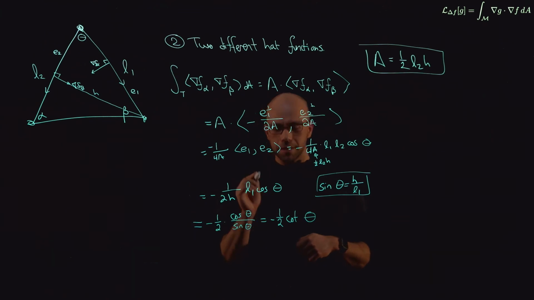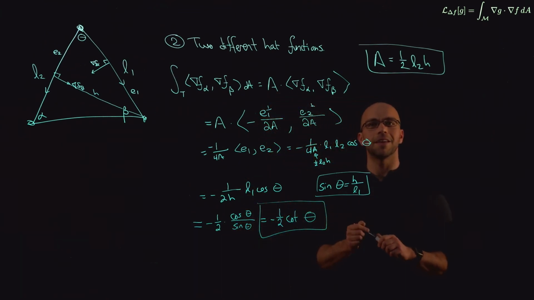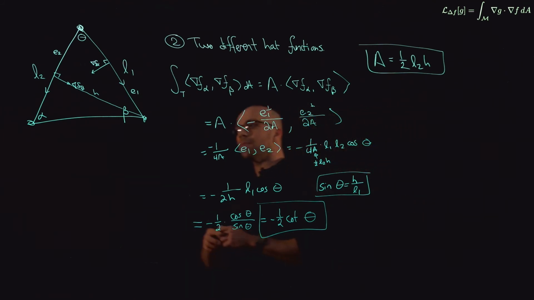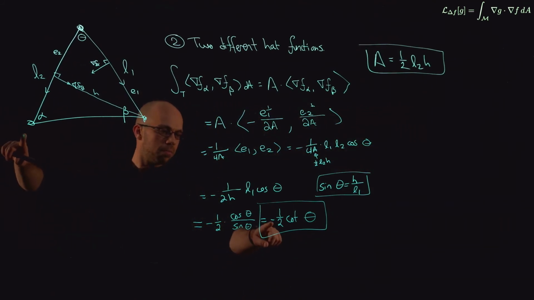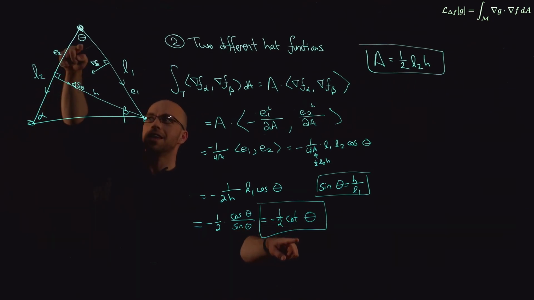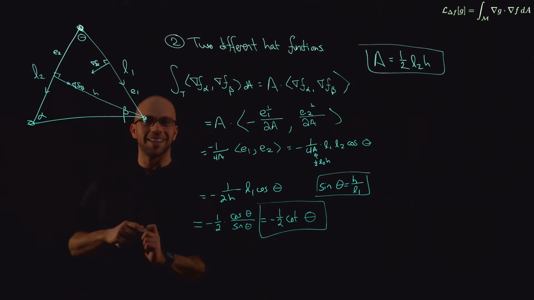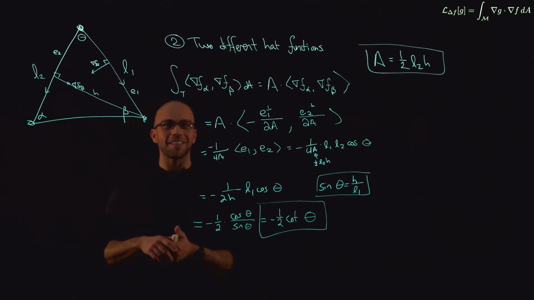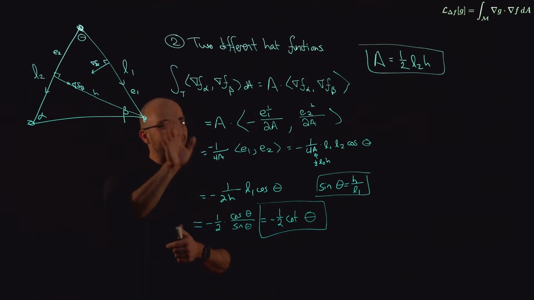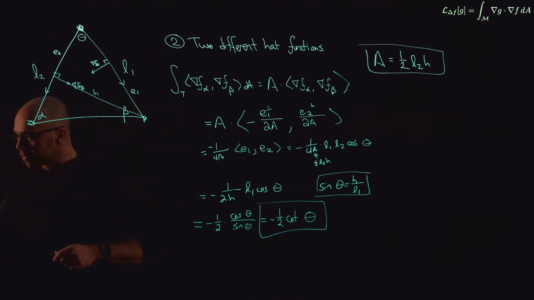And after basically just a trigonometry argument, what we end up with is this kind of nice formula that really the inner product of two hat functions is just equal to minus 1/2 times cotangent of the angle that isn't at either one of the two hats. So it looks a little complicated, but it's really not so bad. Okay, so let's clean up this board a little bit, and then we'll show it to you on the slide too.